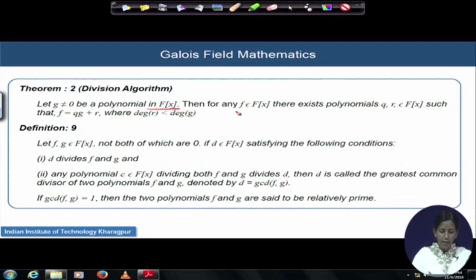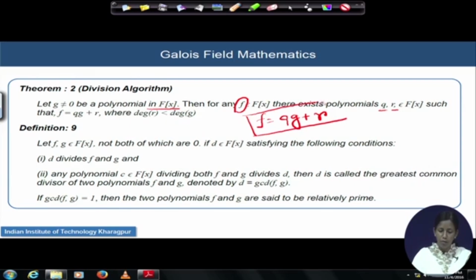Then for any other polynomial f which belongs to the same field, there exist polynomials q and r, also part of F[x], such that f is equal to q times g plus r, where the degree of r is always less than the degree of g.